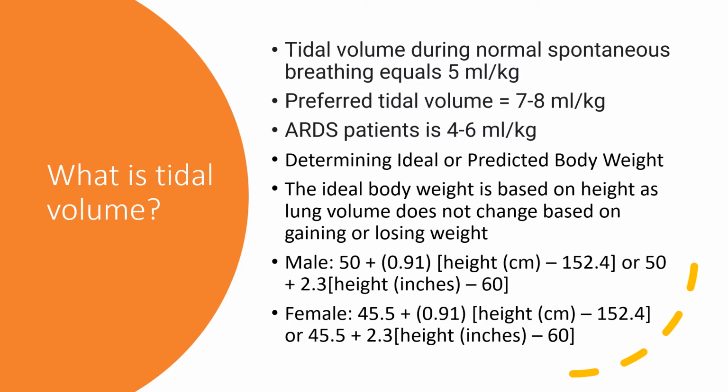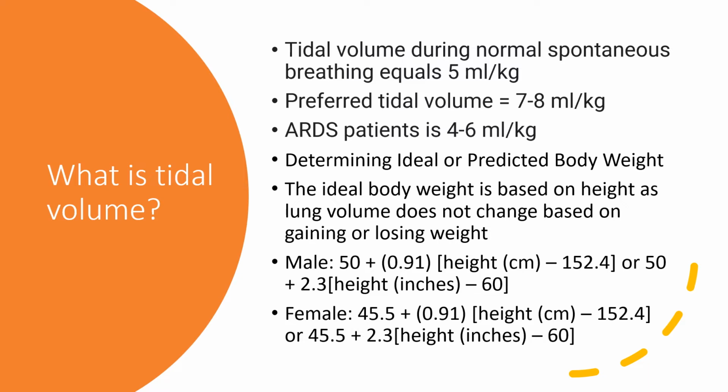So don't give high tidal volumes based upon someone's weight. If someone's 6'2" and weighs 400 pounds, don't think that they deserve a bigger tidal volume than someone 6'2" and weighs 200 pounds.